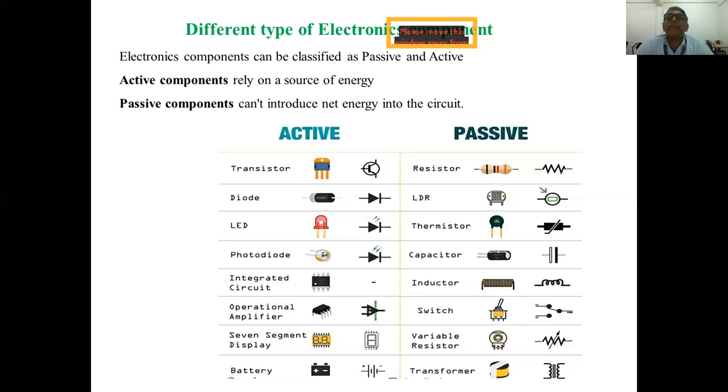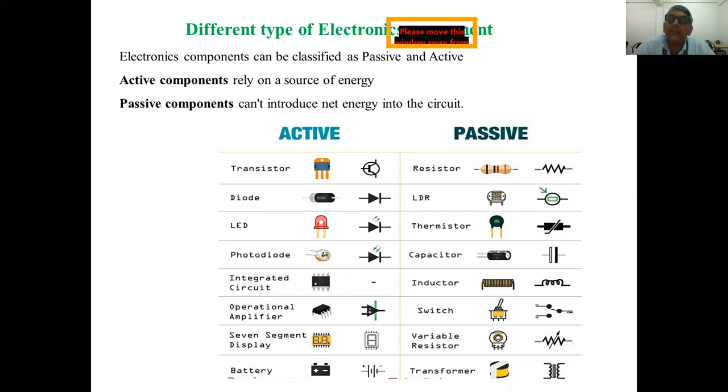Here I am just giving you a brief comparison between passive and active components, and some examples I have shown here. You can see the symbols we are using. Examples of passive components are resistor, capacitor, inductor, transformer.